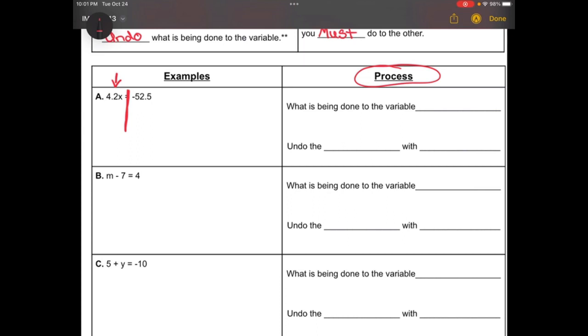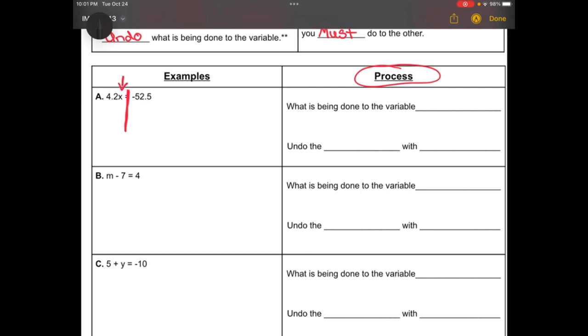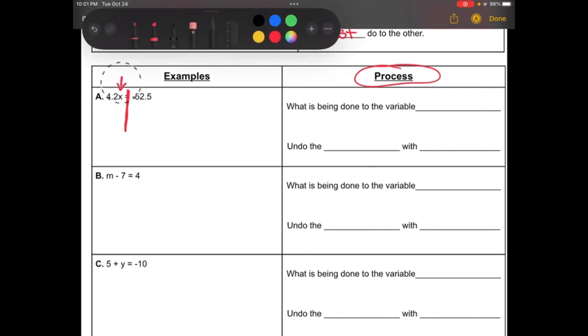Ask yourself this question. What is being done to the variable? The variable is x. So that's our variable. What is happening between the 4.2 and the x?